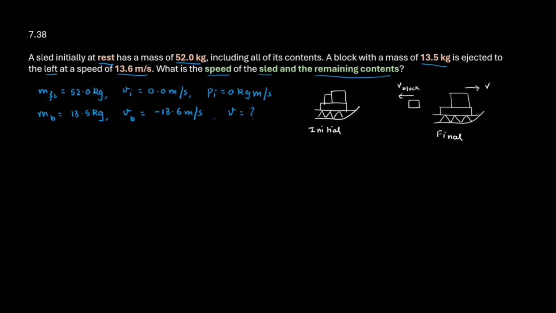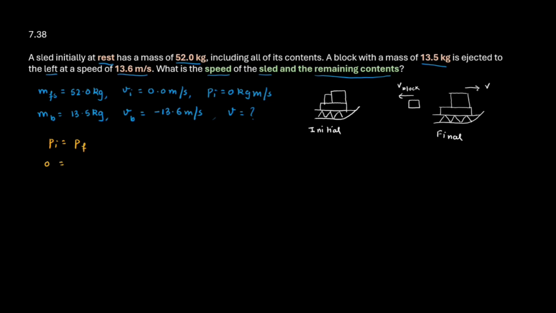So to solve this, we are going to apply the law of conservation of momentum. The law says that in an isolated system, the total momentum remains constant. That means initial momentum has to be equal to final momentum. Initial momentum of the sledge is 0, as initially the sledge was not moving.